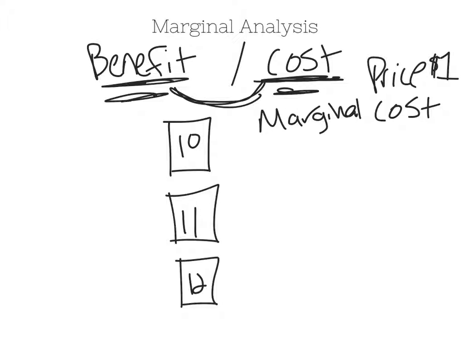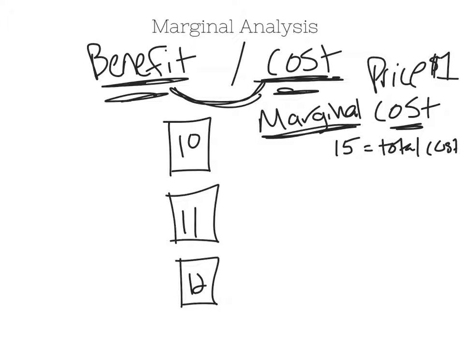What marginal cost means is, by how much did my costs go up from the last one? So let's say my total cost is 15 for producing however many goods, 9 goods.